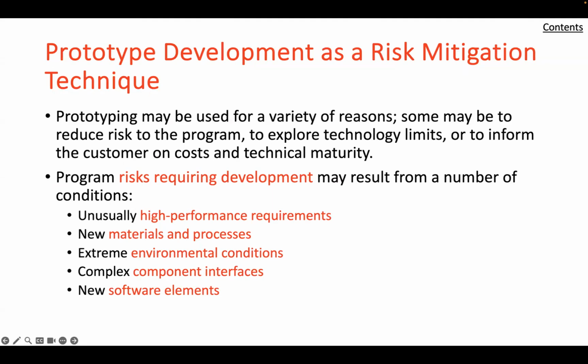So first, unusually high performance. Most new systems are designed to provide performance well in excess of that of the predecessors. When such systems are at the same time more complex and also demand greater reliability and operational life, it is almost always necessary to verify the validity of the design approach experimentally.